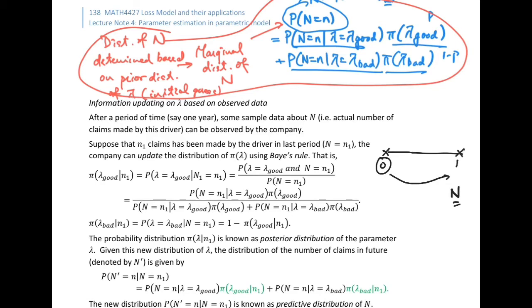But the situation will be different from time 0. Because at time 0, you don't have any information about the client. But at time 1, you will have some new observation. In particular, what you know now is N1, which is the actual number of accidents caused by the driver in the first year, or first period.